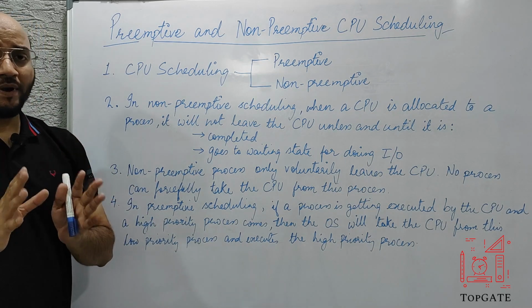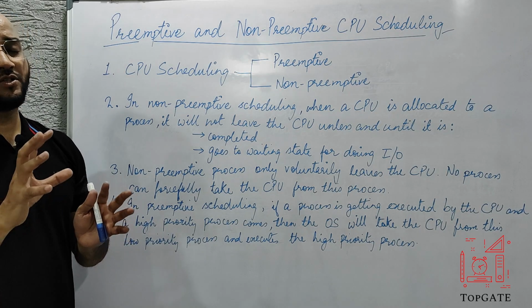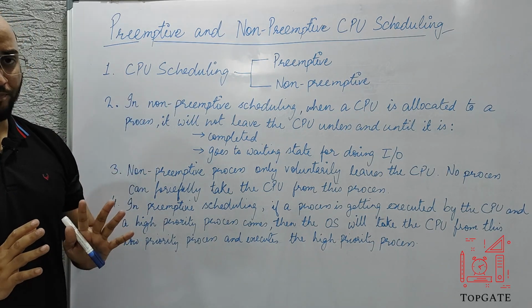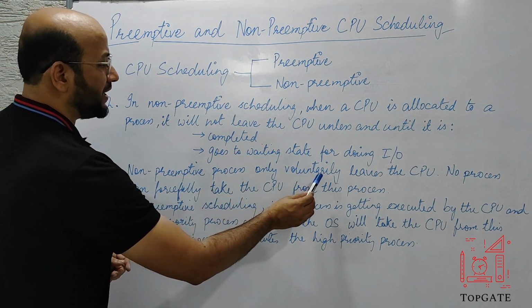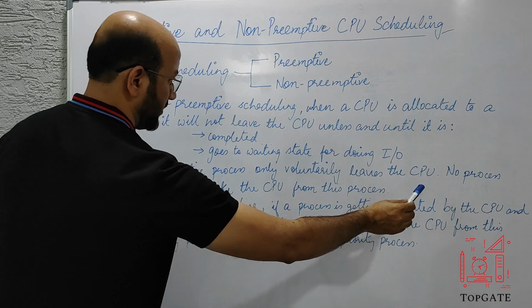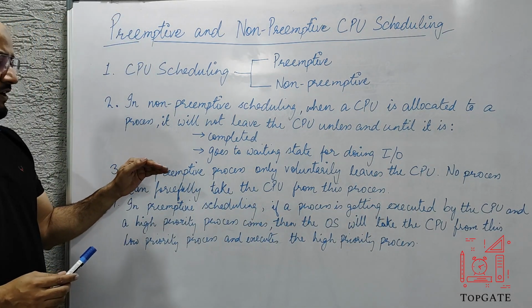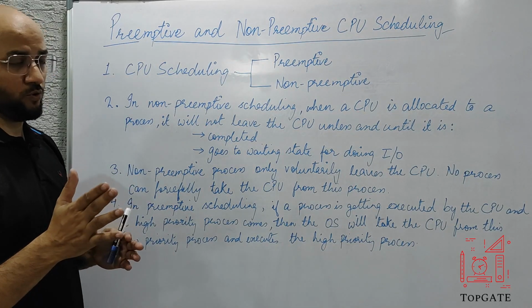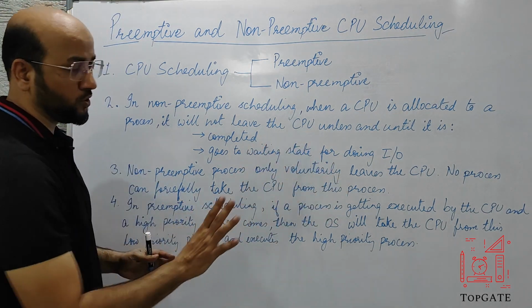That is, the operating system or any other process can never forcefully take the CPU from this process in non-preemptive scheduling. Clear? Third point, a non-preemptive process only voluntarily leaves the CPU. I made this very clear: it is the process that is voluntarily leaving the CPU. No process can forcefully take the CPU from this process.